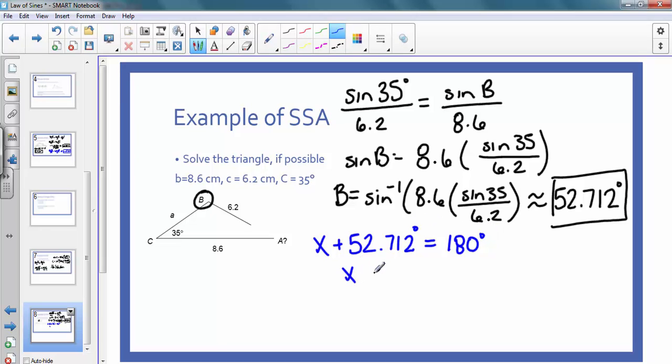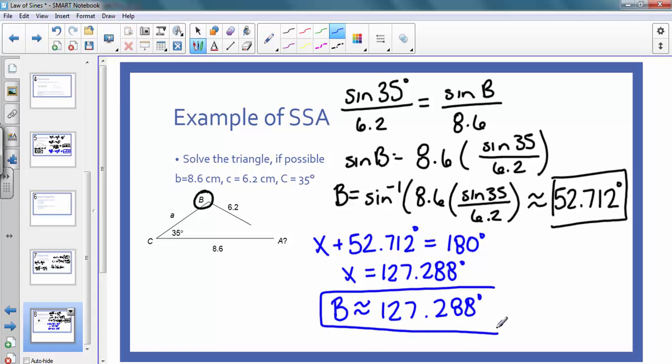So solving for x, I get x equals 127.288 degrees. So this is actually going to be my second solution for B. So B can also be 127.288 degrees.